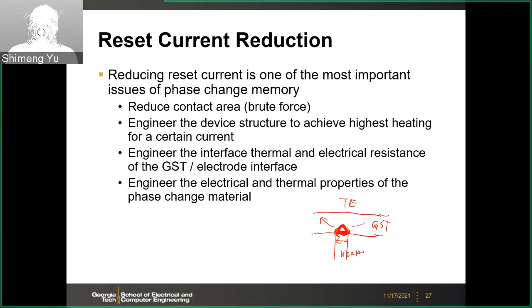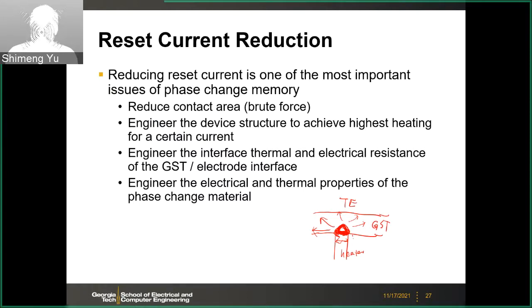If the heat easily dissipates, then it's very difficult to locally heat up this region. So you want to reduce the heat dissipation to surroundings. You want the heat to remain in that contact area.